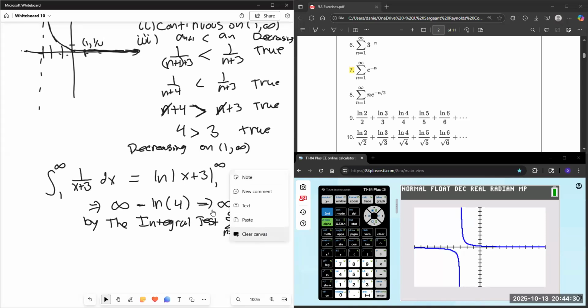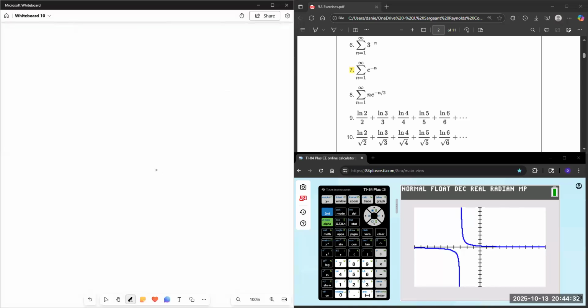Let's look at number 7. Summation from n equals 1 to infinity of e to the negative n. So that's going to be e to the negative x, which we know what that looks like, that that's a function that is always decreasing, always continuous, and always positive.